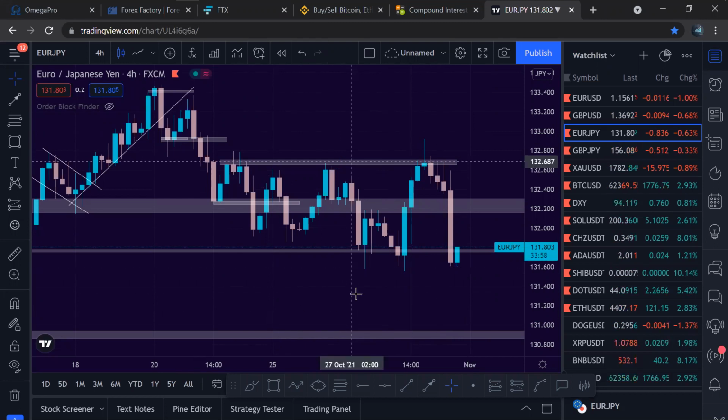I said number 1, we have the H4 order block. We have price action, a clear pin bar. This is a clear pin bar, followed by a bearish candle showing you that this is a what? An evening star. An evening star candle formation, evening star pattern.